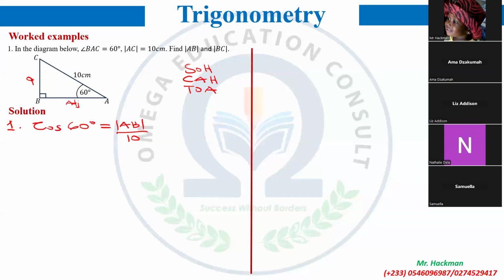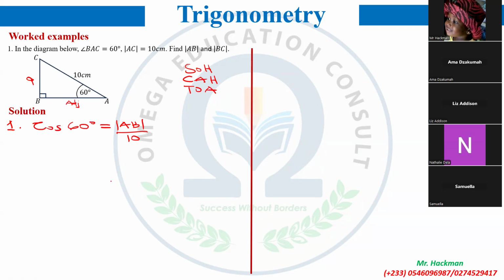You have the adjacent over hypotenuse in your mind. Let me go and look for the adjacent, and that is AB. What is there for the hypotenuse? 10. Somebody could have written AC, then done the substitution next. But once you know its value, substitute straight away and go. It's when you don't know the value that you use the letters. Is that clear?